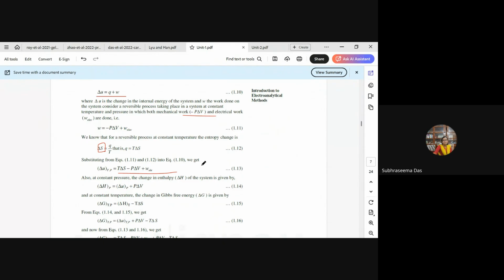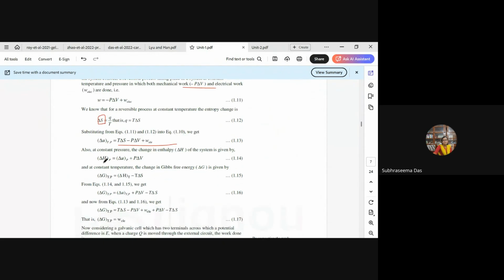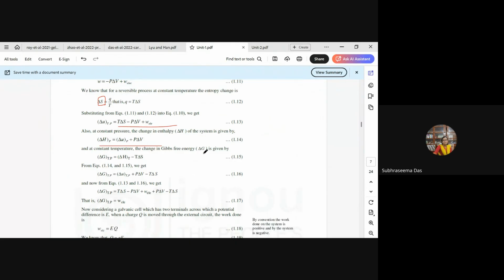Then at constant pressure, delta H is equal to del U plus P del V. We also know the change in Gibbs free energy, del G is equal to del H minus T del S. When we combine both these equations, we get del G is equal to del U plus P del V minus T del S.